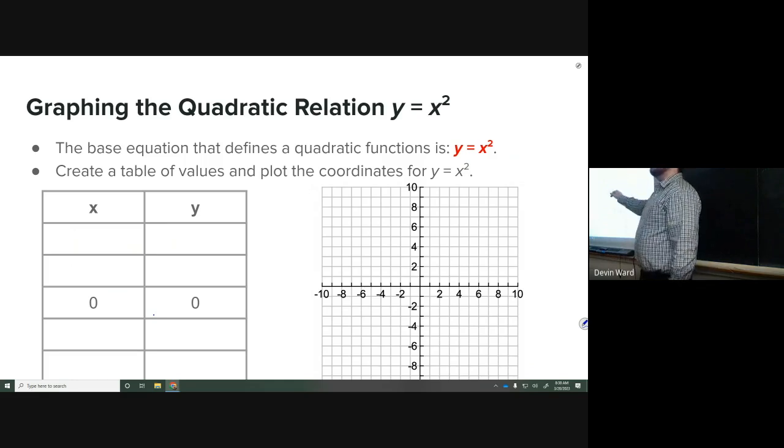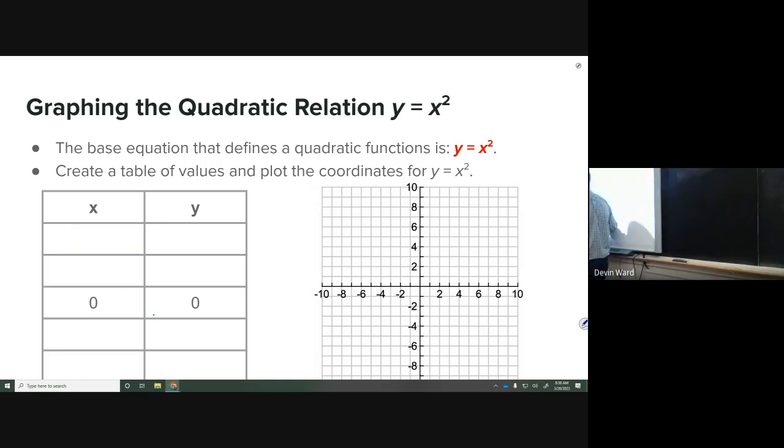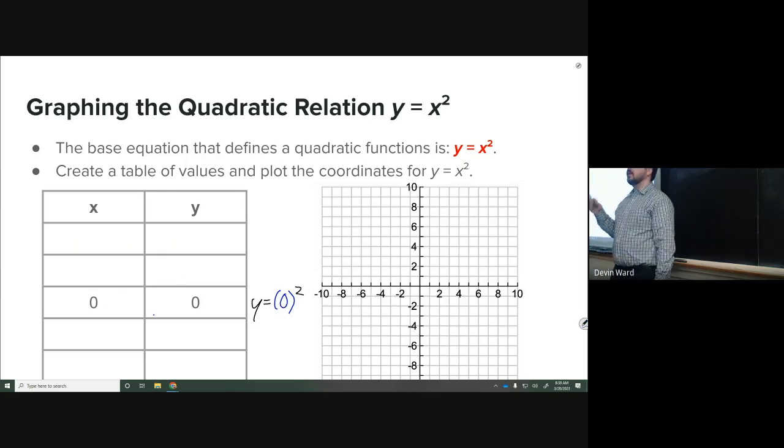It is 0, 0, because if we were to sub in y equals our x value, which is 0, squared, what's 0 squared? 0 times 0 would just be 0.